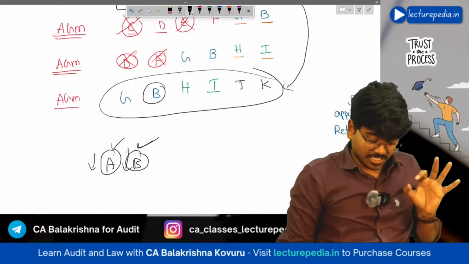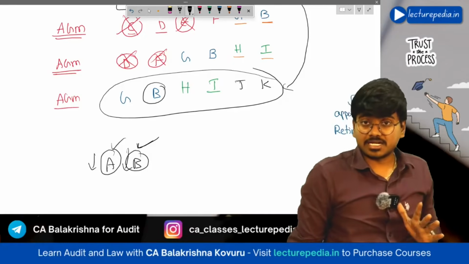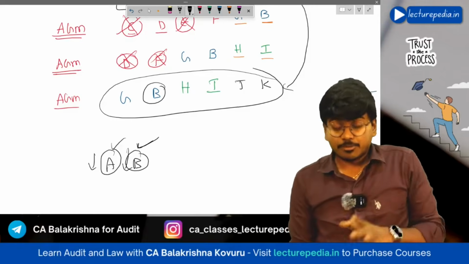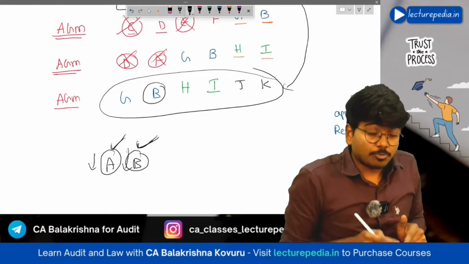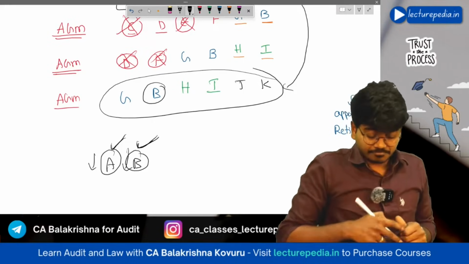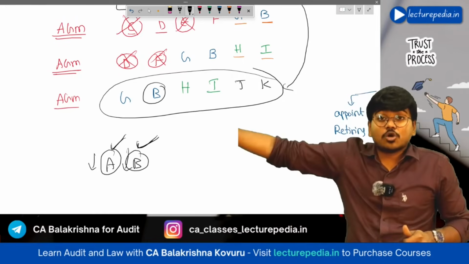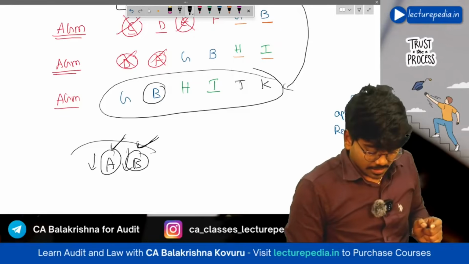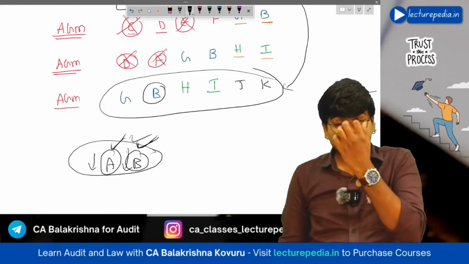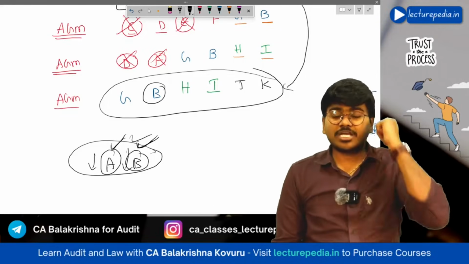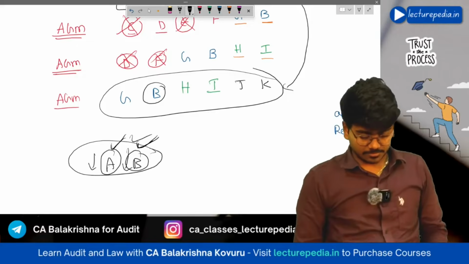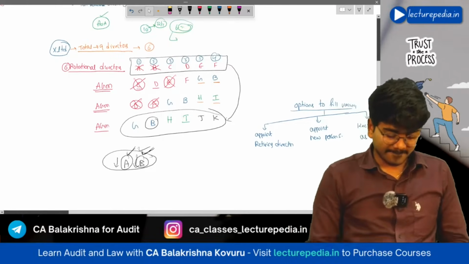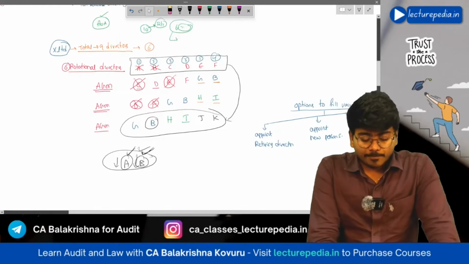Instead, if there is a concept of rotation of directors in the company, and A and B know that if they don't work properly in the current year, there is a chance that shareholders might not reappoint them, then with this fear, their performance will increase. So this is the benefit of the concept of rotation of directors. Hope that is clear. I hope you are clear with this.